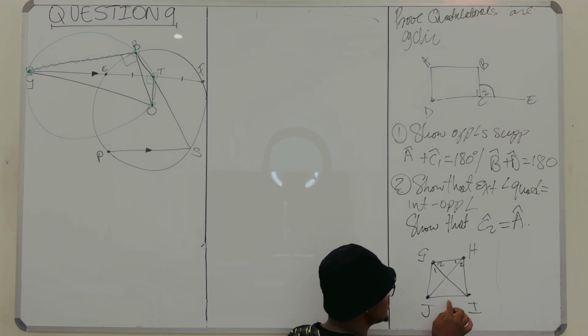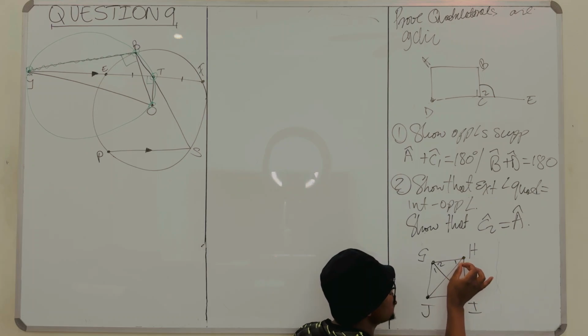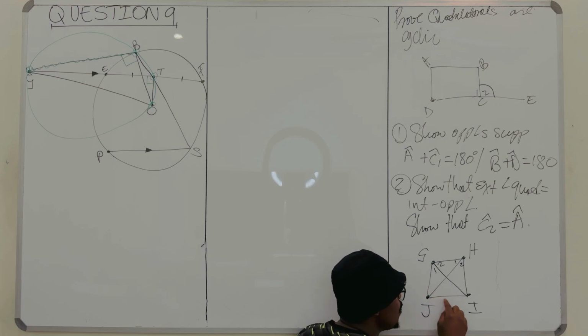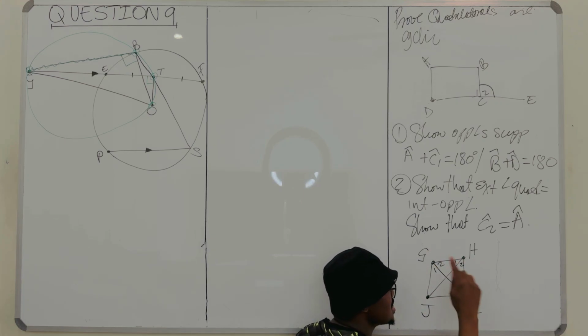So your IJ subtends G1 and your same IJ subtends H2. If you can show that this G1 and the H2 are equal, that would mean that your IJ subtends equal angles on the same side. Therefore, this thing is cyclic.